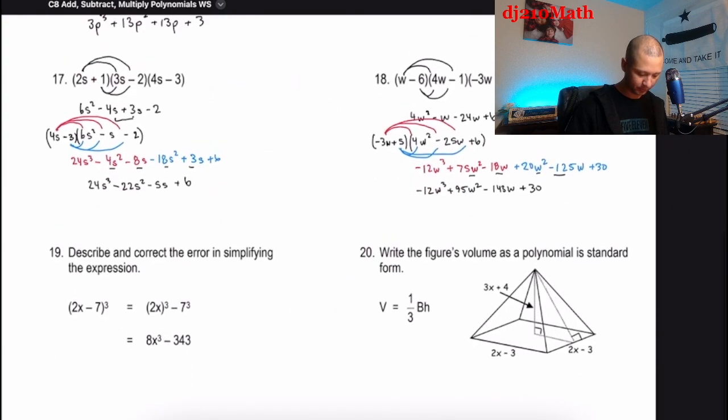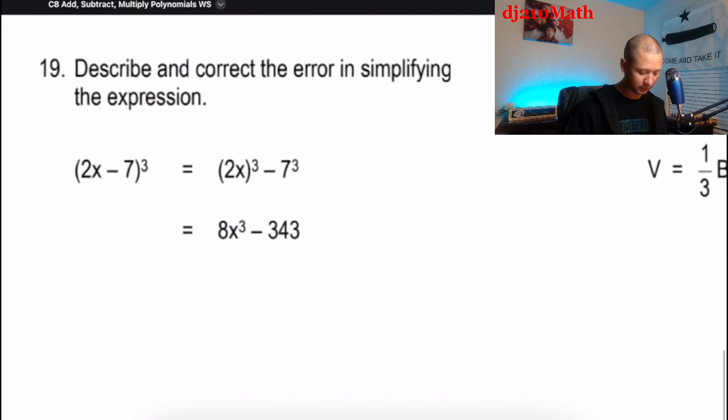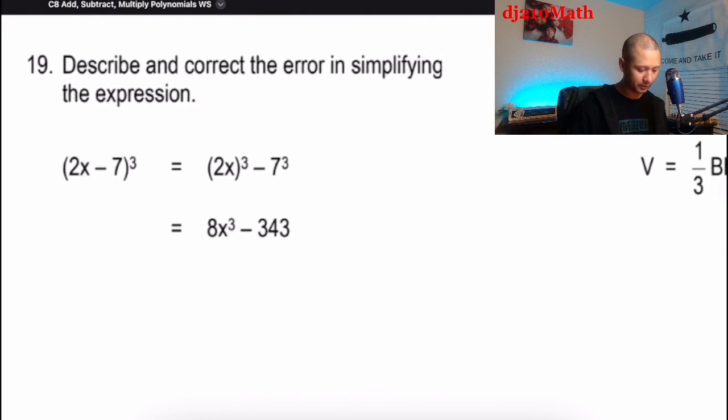Okay, so concept questions. Describe and correct the error in simplifying the expression. This is a very common mistake, that you think, oh, I'm going to apply the exponent to each of the terms. That is 100% not true.